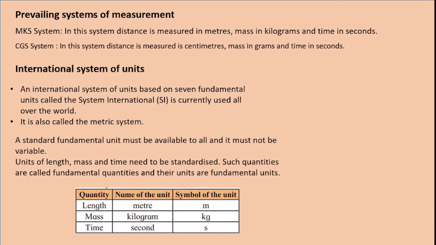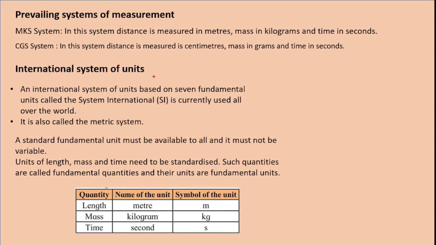Prevailing system of measurements, MKS system. In this system, distance is measured in meter, mass in kilogram and time in seconds. CGS system. In this system, distance is measured in centimeter, mass in grams and time in seconds.